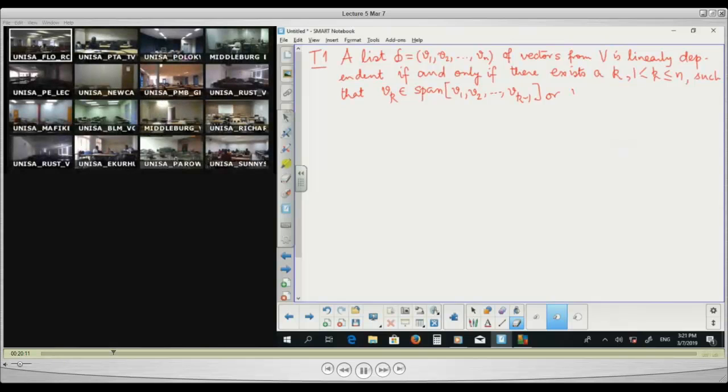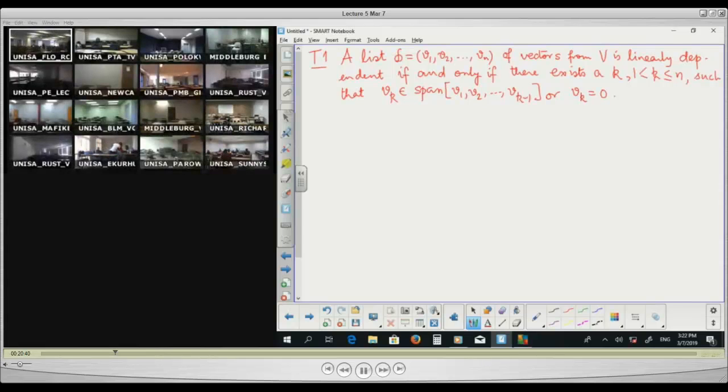Understand this. So given 20 vectors, this immediately says, if you have 0 in that list, an upshot of this is, if 0 is there in the list, it is linearly dependent. If not, try and see if V2 is a multiple of V1.